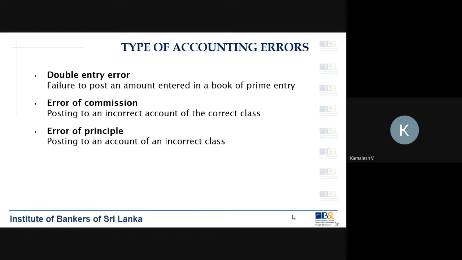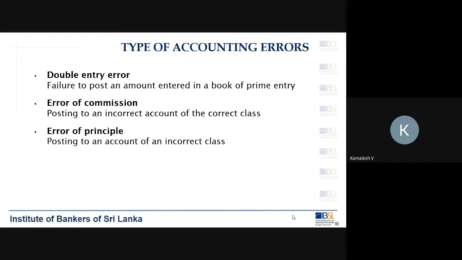Is my transaction correct or incorrect? Incorrect. Why incorrect? Motor vehicle is an asset account. Very good. Motor vehicle is an asset account.